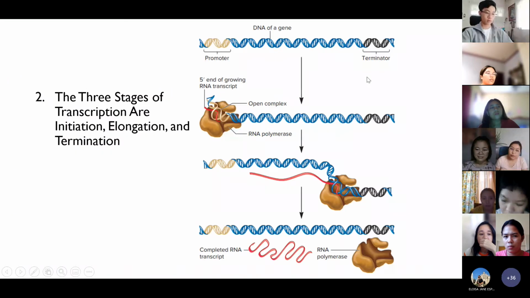So next, we have the 3 stages of transcription: initiation, elongation, and termination. The ability of genes to produce an organism's traits relies on the molecular process of gene expression. Transcription is the first step in gene expression.